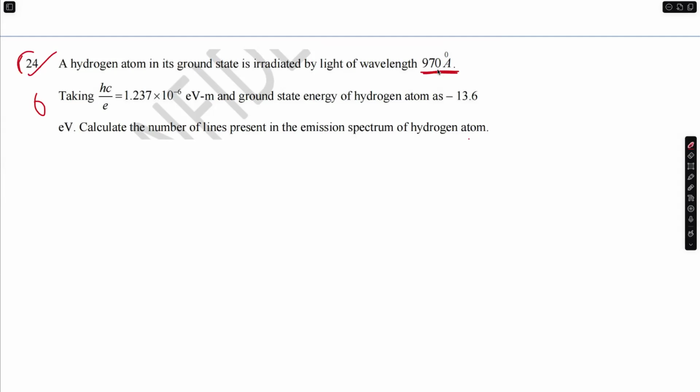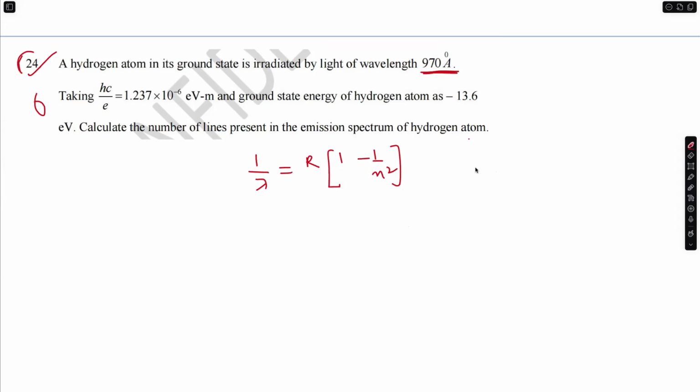The only thing you need to do is find for which transition you will get 970 angstroms. 1 by lambda is R times 1 minus 1 by n square. If you know n, you will come to know the number of lines.